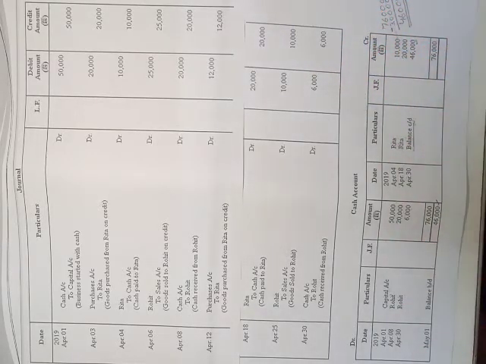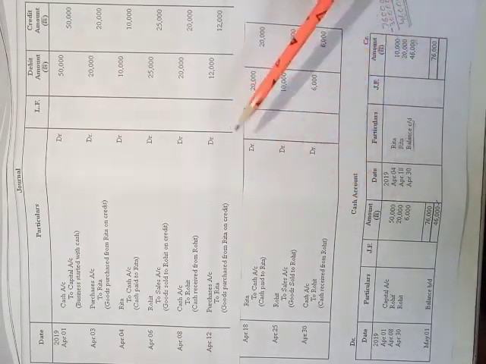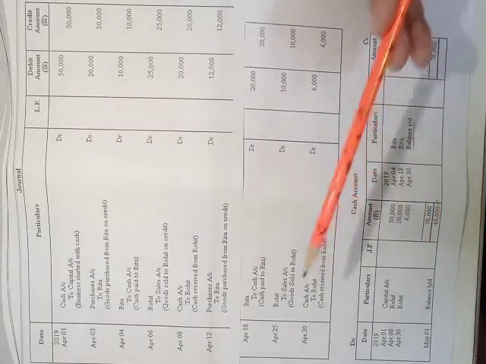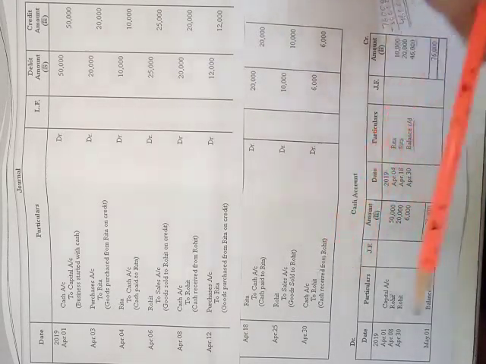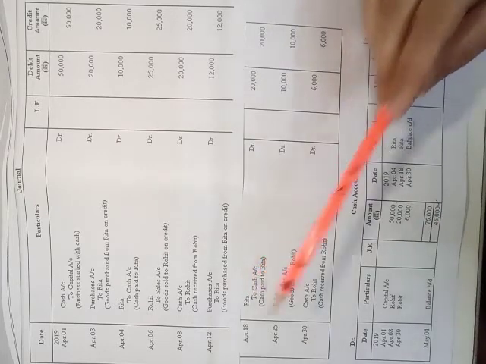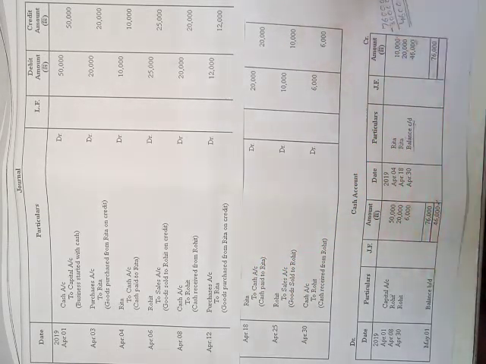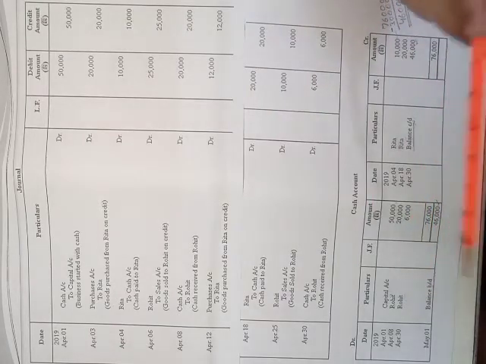Like we are preparing here for the month of April, so we can say this much purchase has been made in the month of April. By making the particular purchase account we can make a sales account, and we come to know that in the month of April we have done sales of this much. If any particular named account is showing a debit balance, that means that person is a debtor for the firm and owes the firm this much amount.